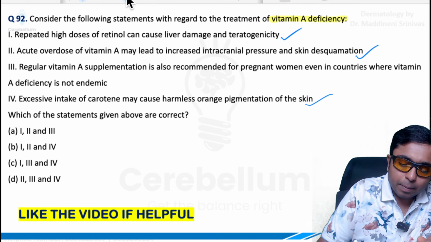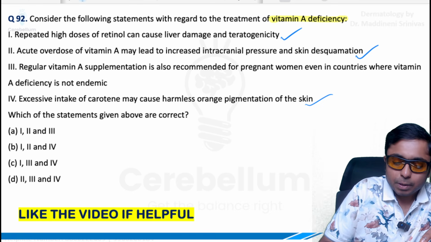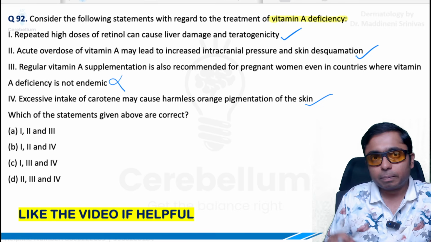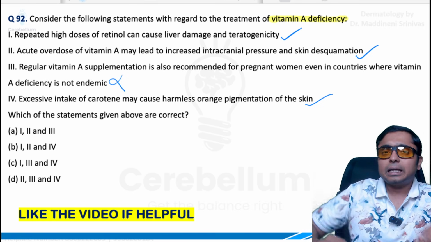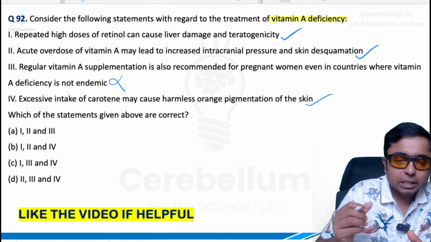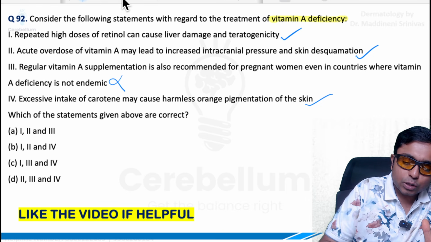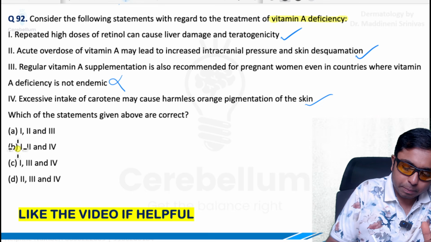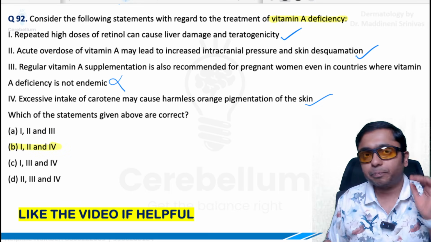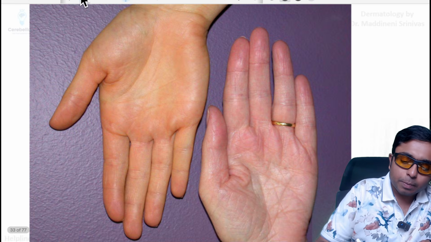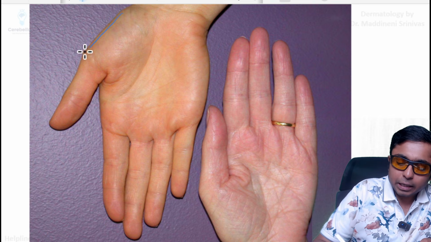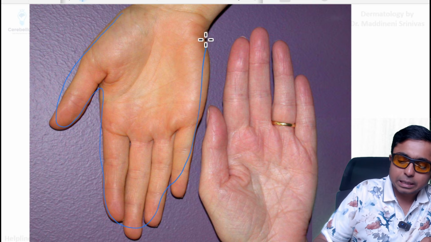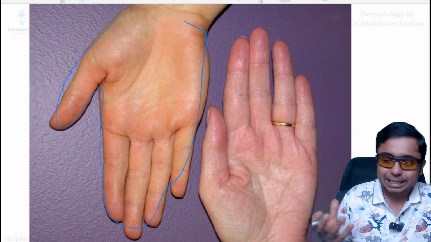Remember, regular vitamin A supplementation is not recommended for pregnant women in countries where the vitamin deficiency is not endemic. So 3 is wrong. We have to mark 1, 2 and 4, and the best option would be option B, 1, 2 and 4. So remember, this is the orange pigmentation which you are able to see in a carotene excess diet.